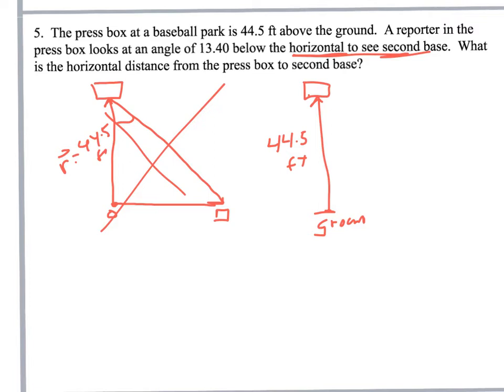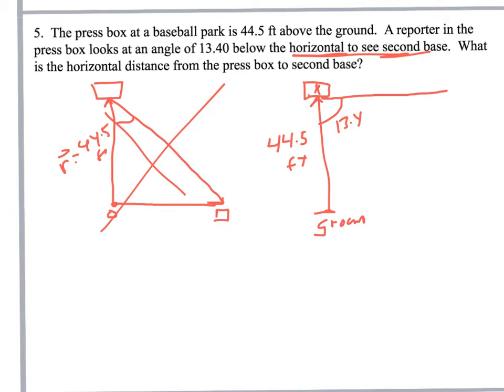So we want to look at our next part and draw our horizontal right here. So you're in the press box right up here. If you're in the press box right there, and the angle is 13.4 degrees. Well, that's not right either.